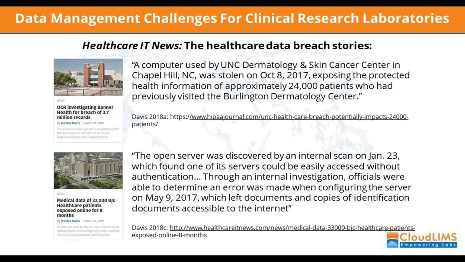Each of these were expensive to fix and allowed the private data from millions of patients to be exposed outside of their healthcare systems. These breaches also damaged the reputation of the organizations.